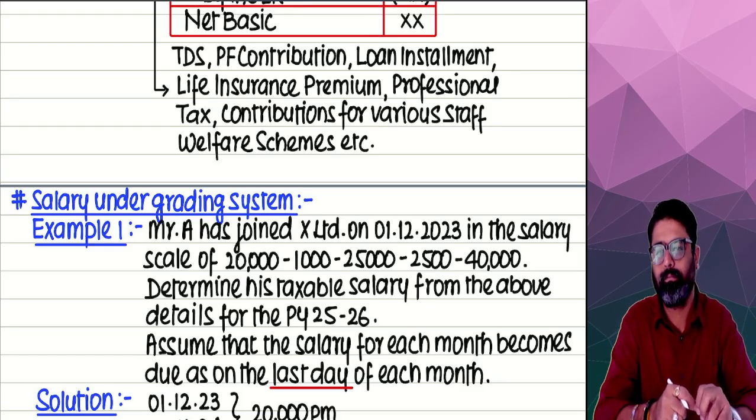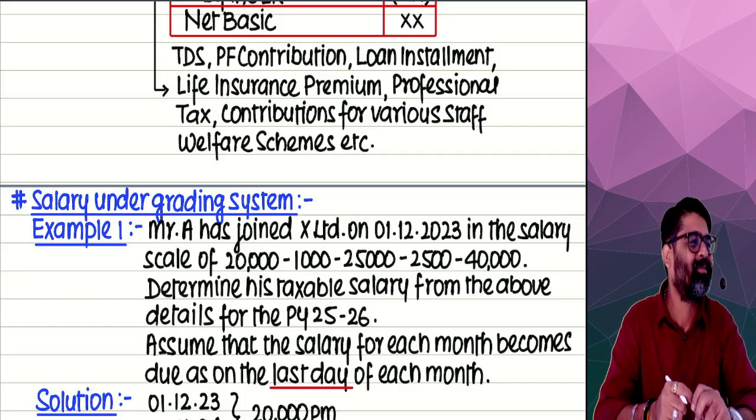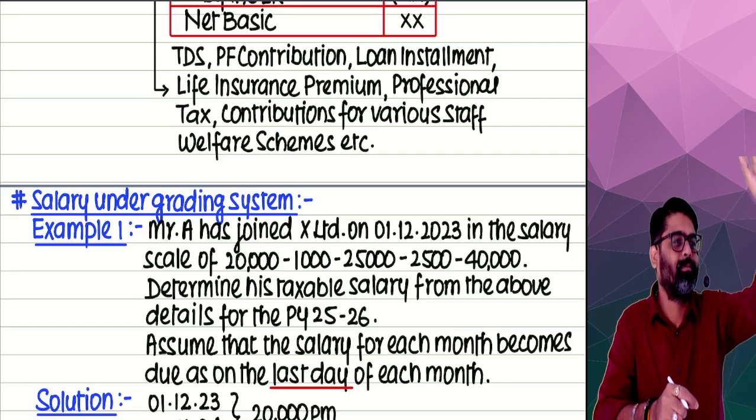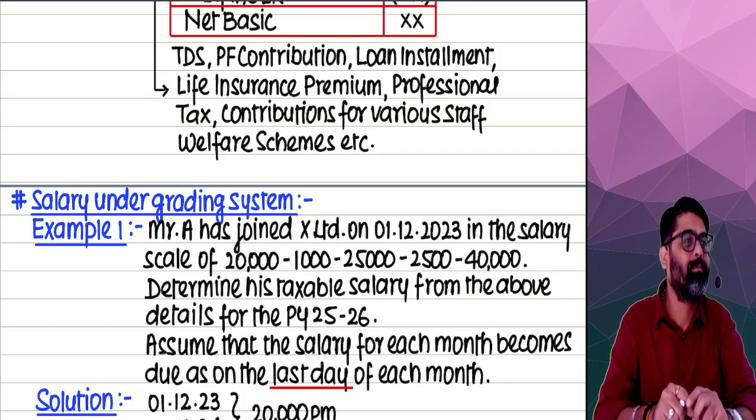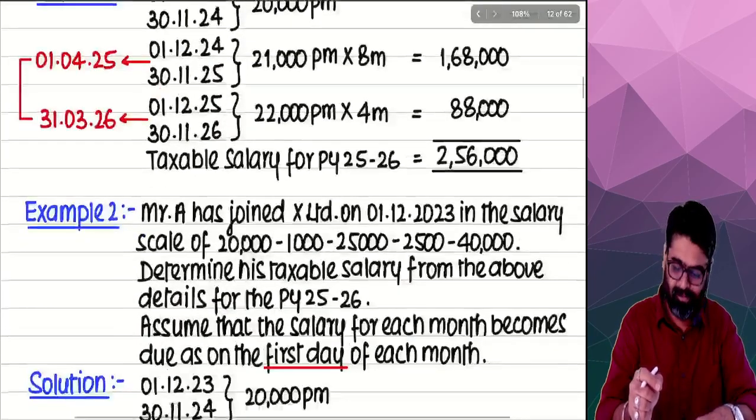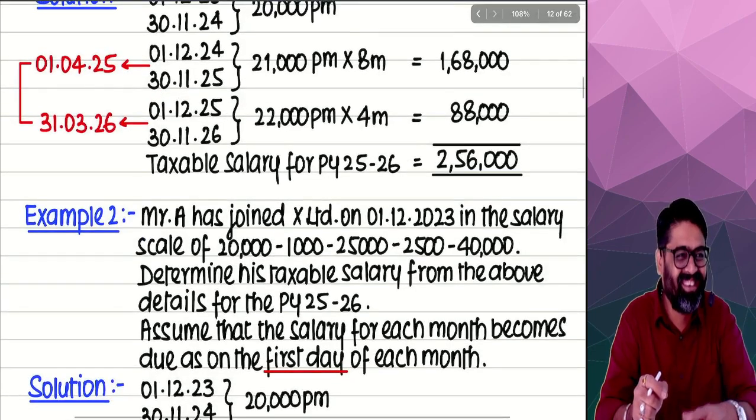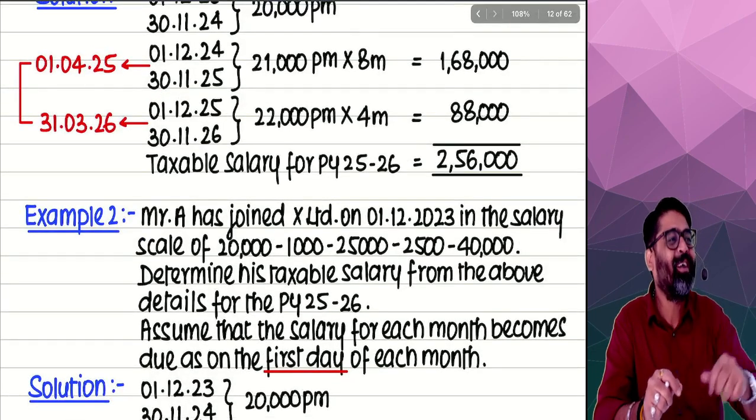Bhumika, what is your answer? Two lakh, 1,000, 4,000. Correct answer. Your answer is correct.